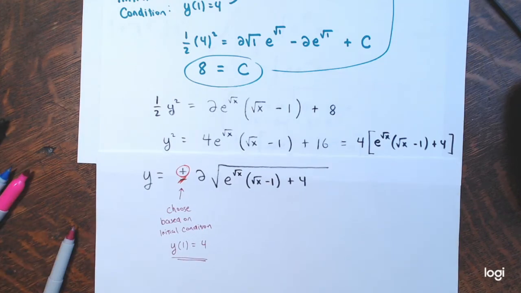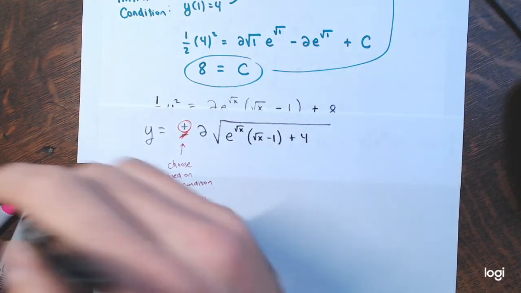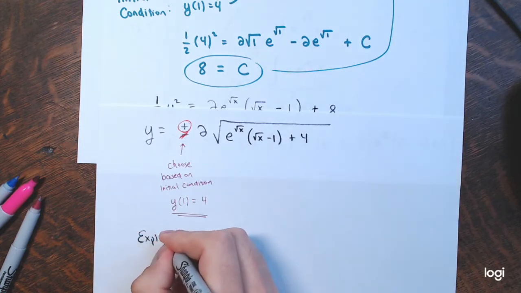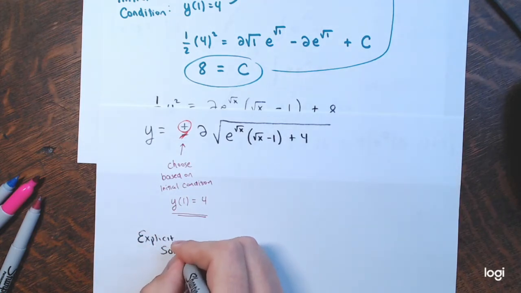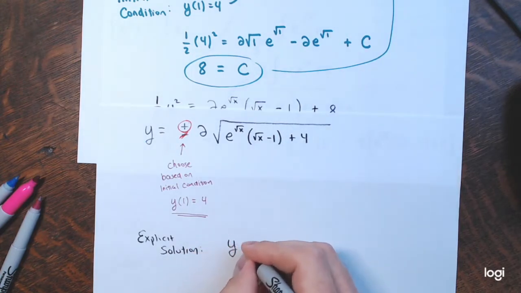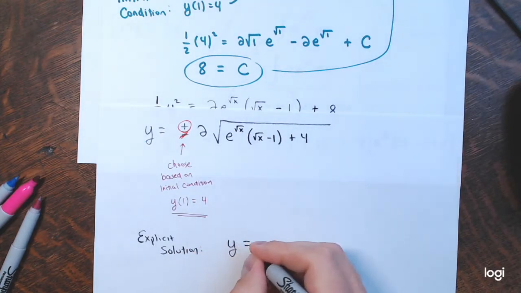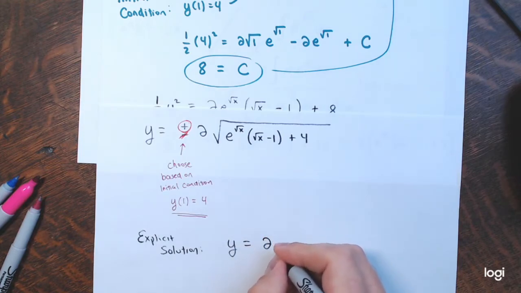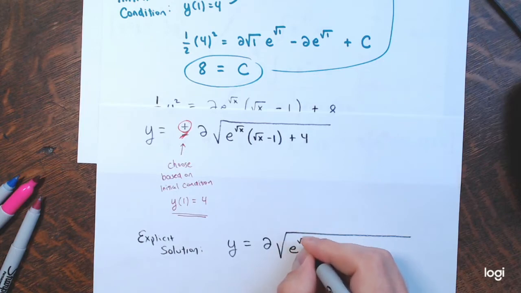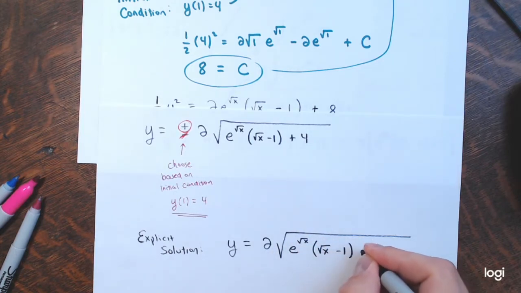All right, so my explicit solution to this initial value problem will be y, or y of x, equals positive 2 times the square root of e to the square root of x times the quantity square root of x minus 1 plus 4.